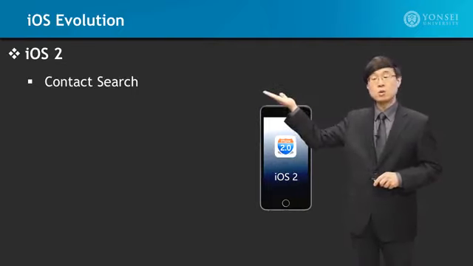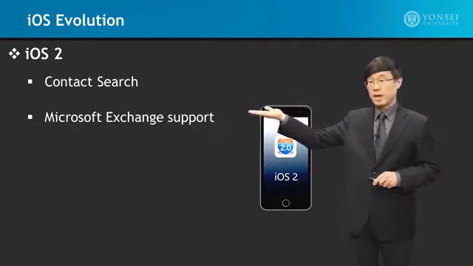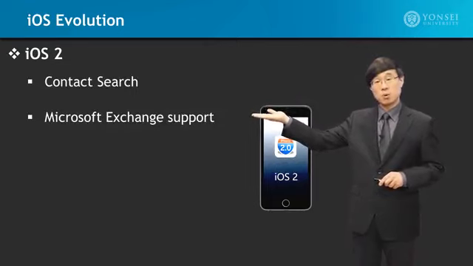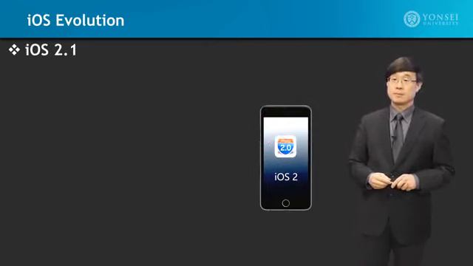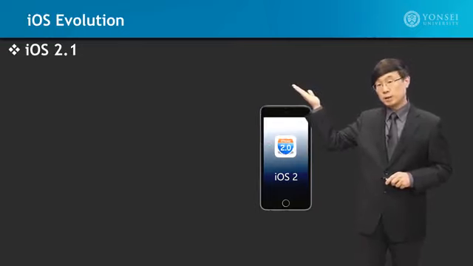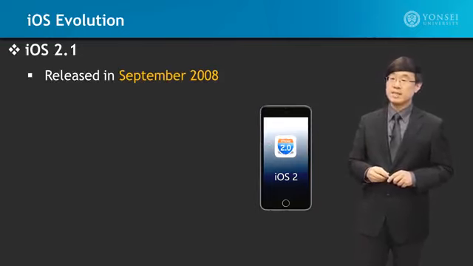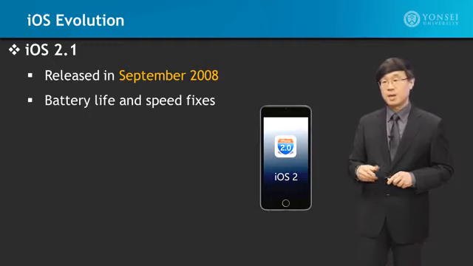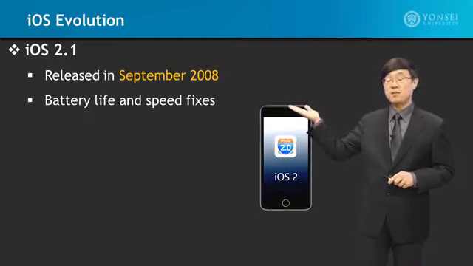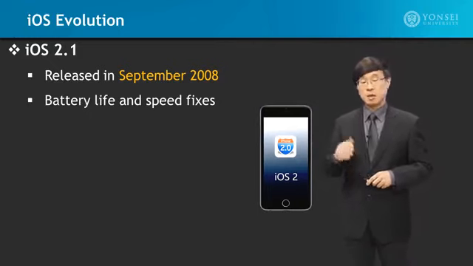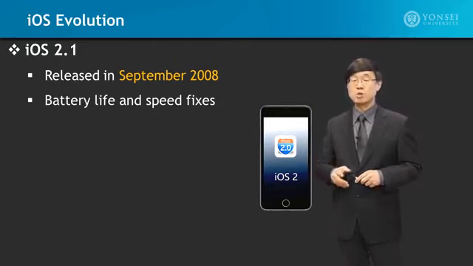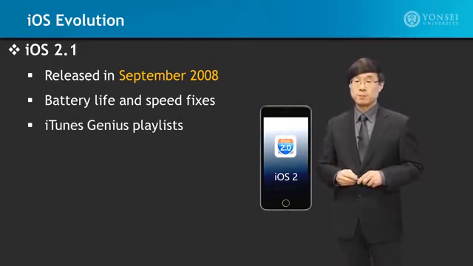iOS 2 also included contact search, as well as Microsoft Exchange support and Mobile Me. In iOS 2.1, which was released in September of 2008, battery life and speed fixes were made, in which the battery life was extended and the operation speed and interactive response time were improved.